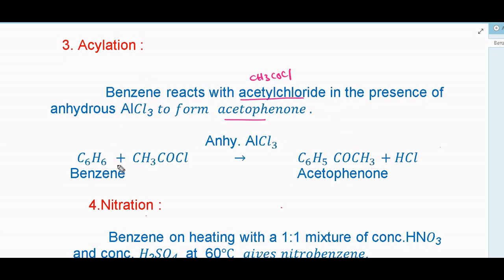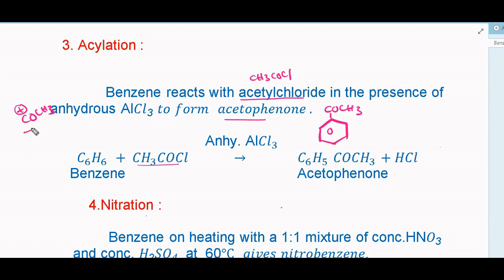So here C6H6 plus CH3COCl, this is acetyl chloride. In presence of anhydrous AlCl3, it gives us C6H5COCH3, acetophenone, plus HCl. What is the electrophile in this reaction?